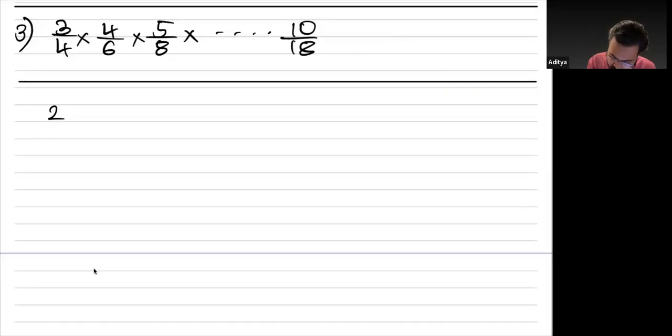Times 4 upon 6 times 5 upon 8 times 7 upon 10 times 7 upon 12 times how much? Sir, the screen is not visible. I think the screen is black. Just a second. It will come back in.